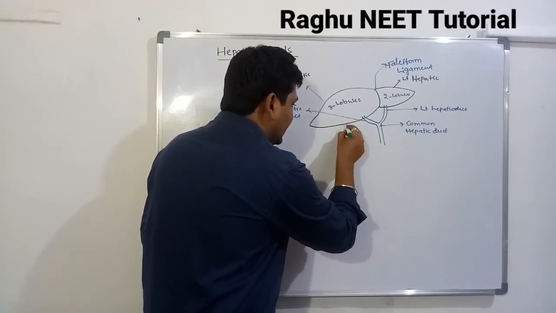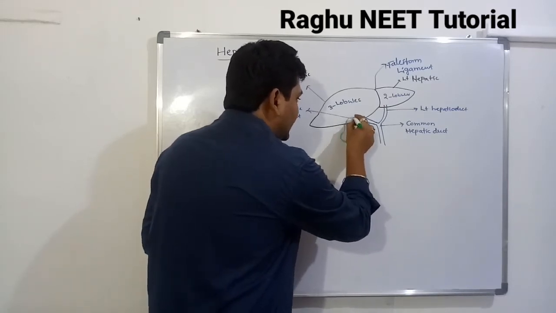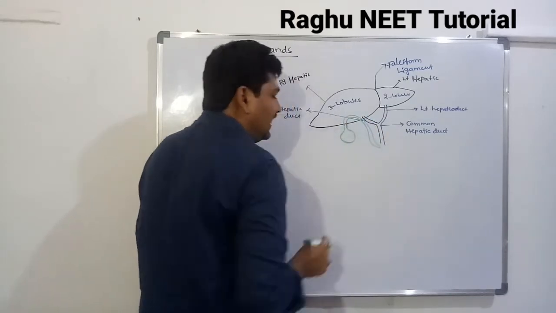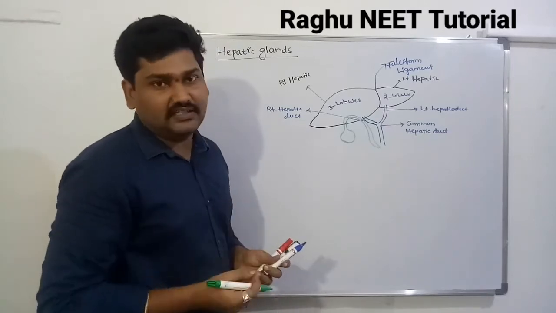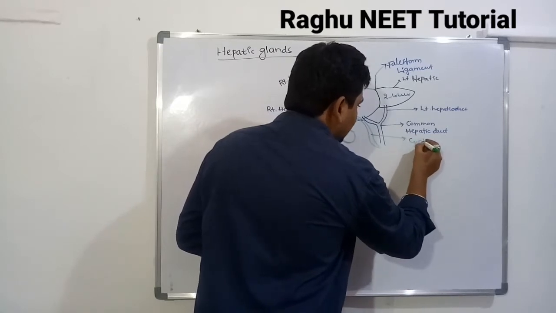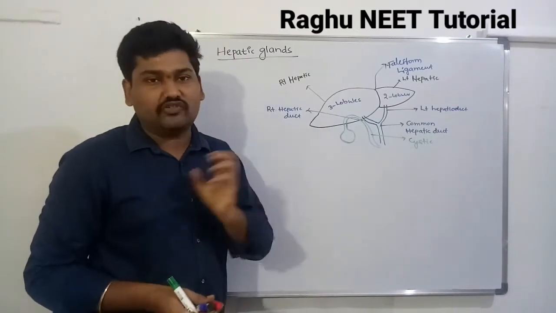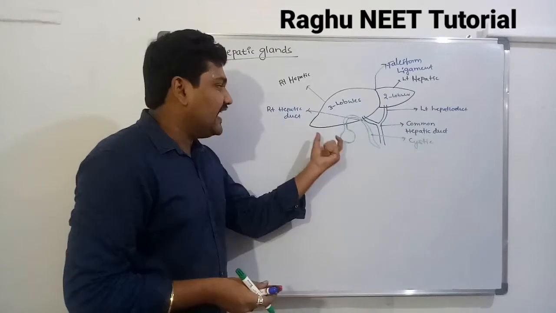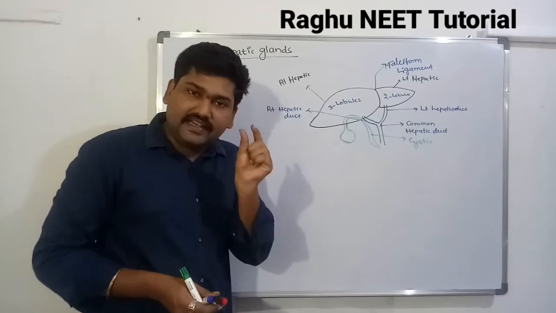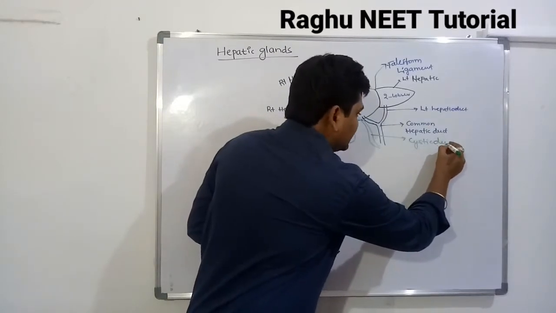It also gives rise to a small duct, which is called the cystic duct.